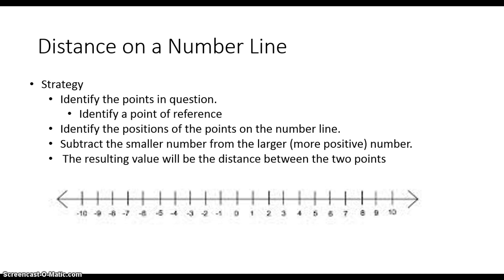Next, once we have these points, we need to identify the position of the points on the number line. Third, we subtract the smaller value from the larger value, and then the resulting number will be the distance between these 2 points. When I mean a larger value, I mean a more positive value. If I have 2 points, -10 and -4, -4 is the larger value because it is more positive.